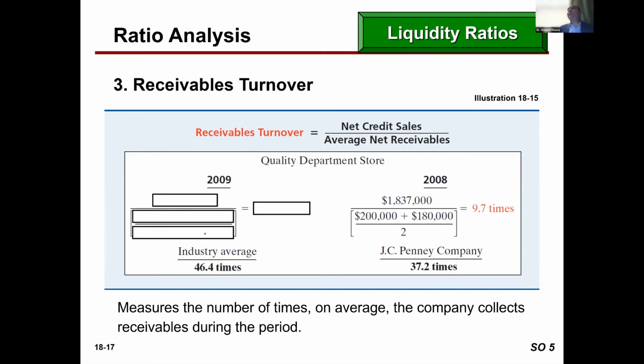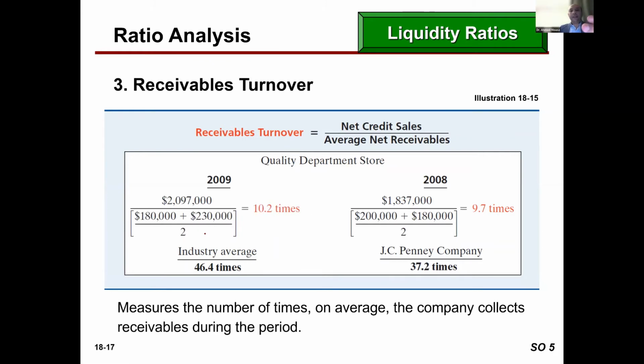This is called the receivable turnover. Here you divide net credit sales by average net receivables. It shows 10 times. But what is the benefit of this one?